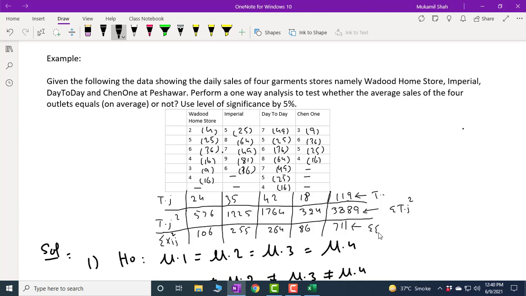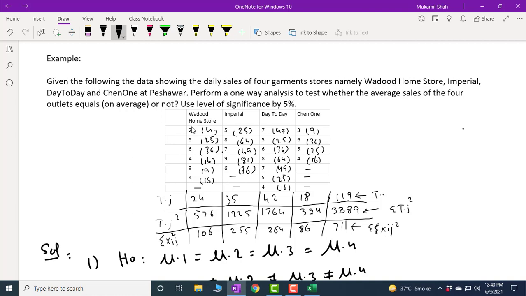It will be double summation xij square. One summation stands for the totaling of these data column wise, and the second summation represents that you add up the total once again horizontally. So that's why this value is double summation xij square.